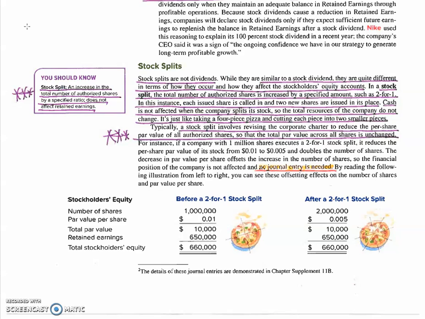The way a 2-for-1 stock split goes is we say, okay, we're issuing a 2-for-1 stock split. And so what that means is your old shares are no longer valid, and you get 2 new shares for every 1 share you had before. So again, if you had 100 shares, you now have 200 shares.